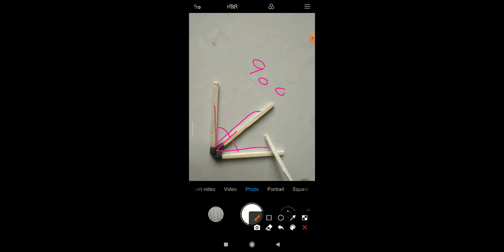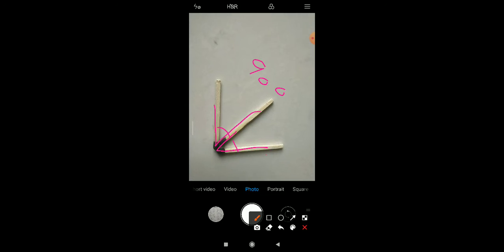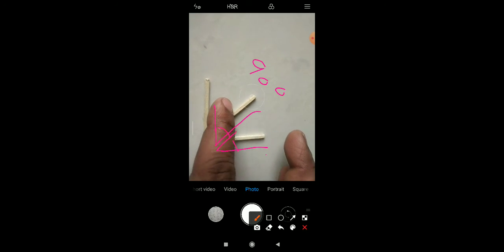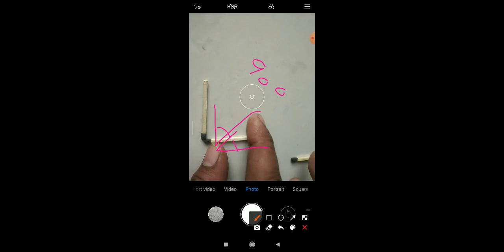This is the interior portion of this angle, this is the interior portion of the other angle, this is the common arm and this is the common vertex. Such a type of angle pair is called complementary angles.